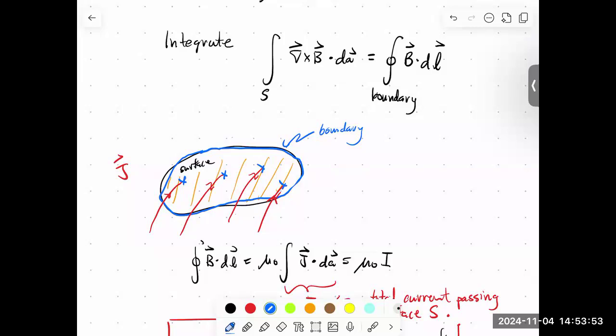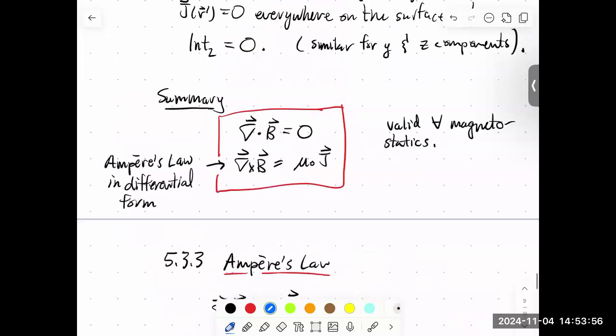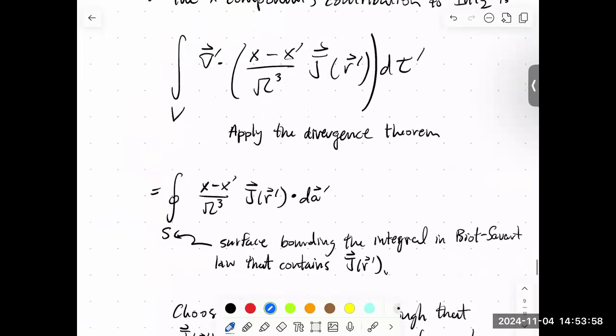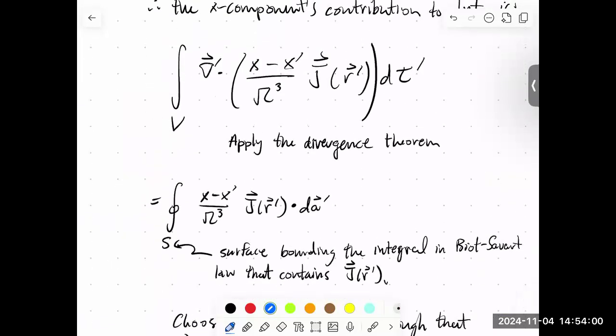So let's back up. I'm confusing things and it's not working well. We started with an integral over some big volume. So let's imagine there's some big volume and inside there's some non-zero current density at some points.